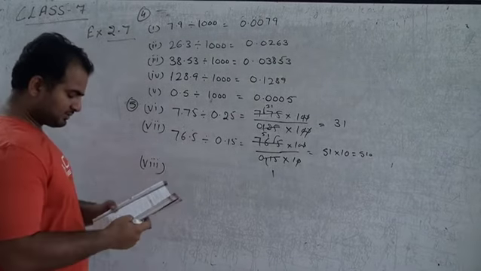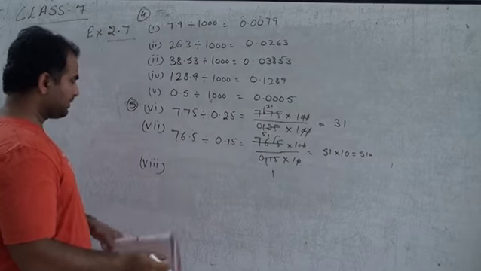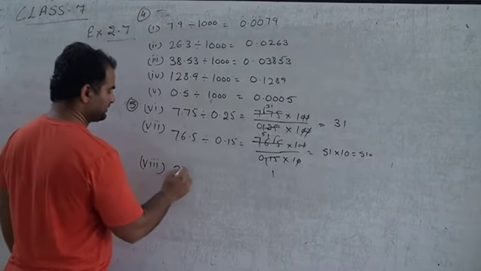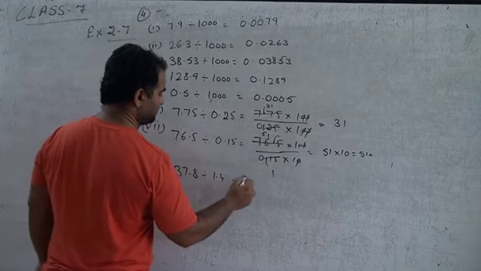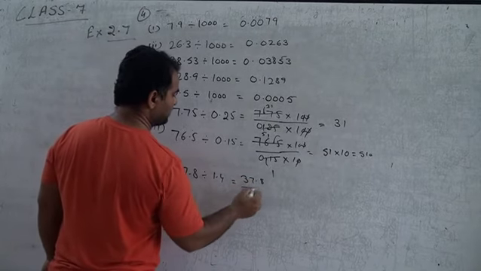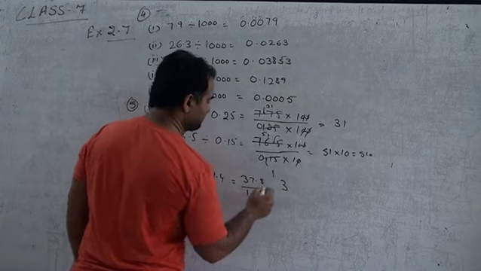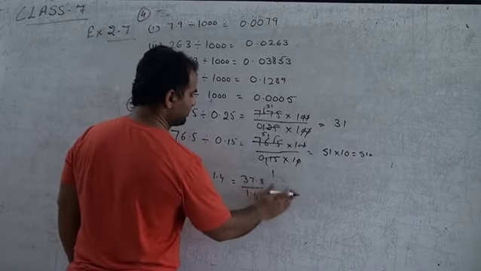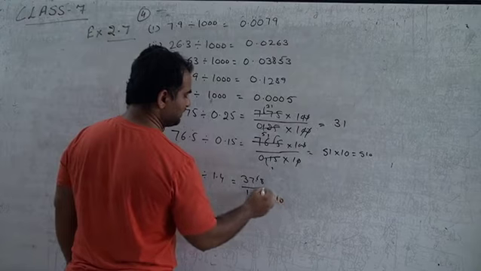Question number 8 is 37.8 divided by 1.4. So 37.8 upon 1.4. When we remove this point, it will give us 10 down there.